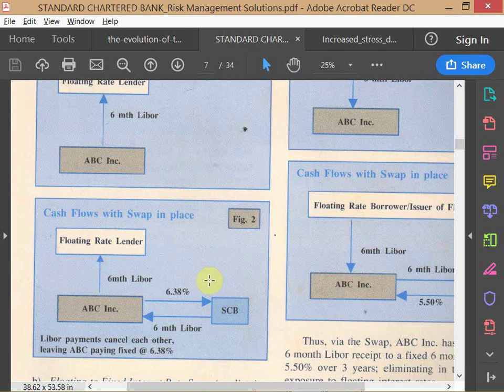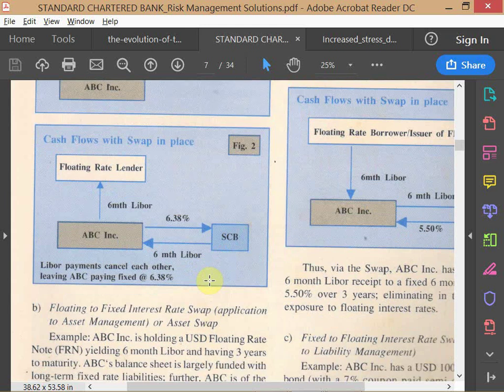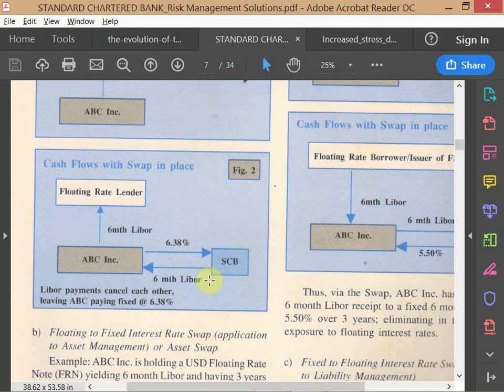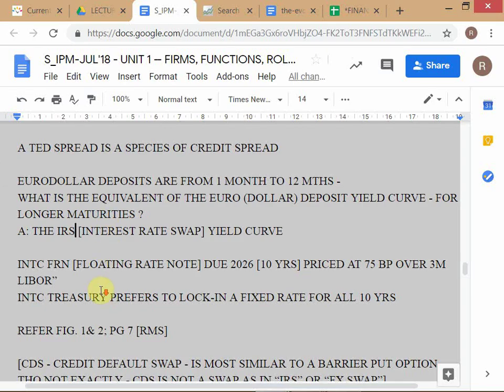Okay, so the other thing that we discussed was why, if ABC is interested in fixed rate debt and doesn't want floating rate debt, they should bother to even go through the FRN market. Instead, if you wanted fixed rate debt, why not go straight into the fixed rate debt markets and issue fixed rate debt? This is a legitimate question. There's another concept that you need to be aware of.